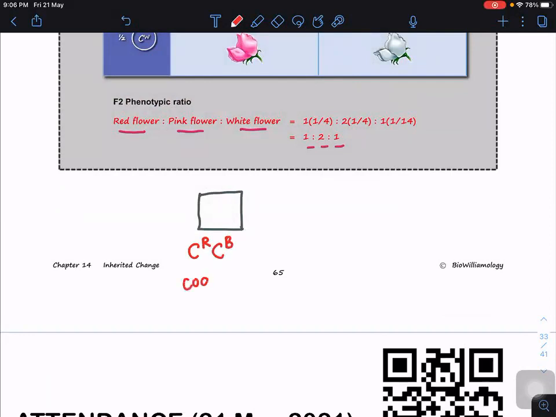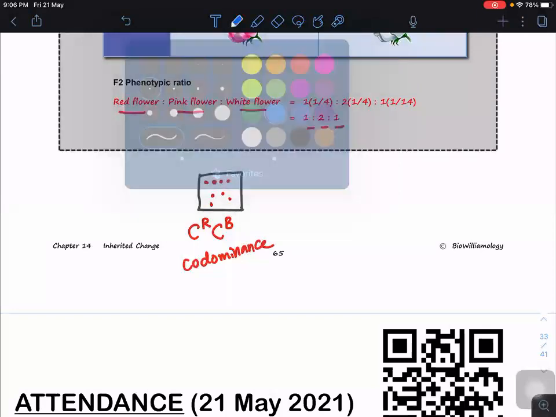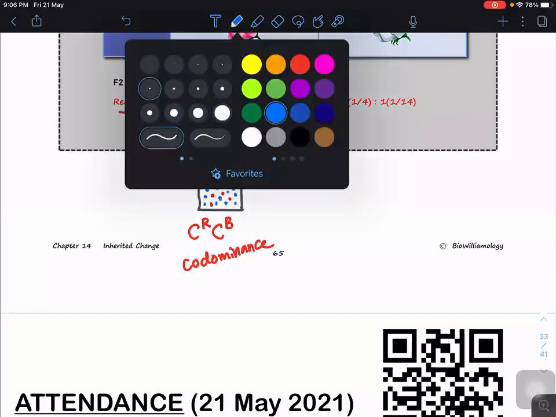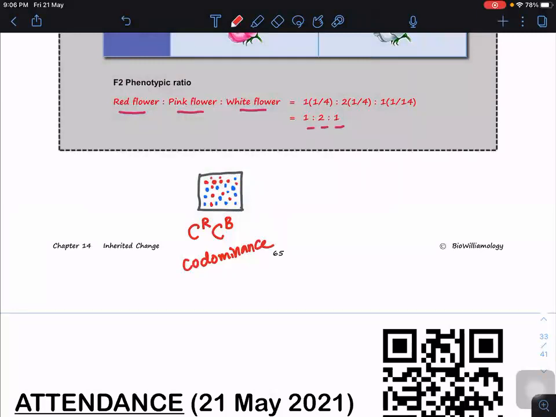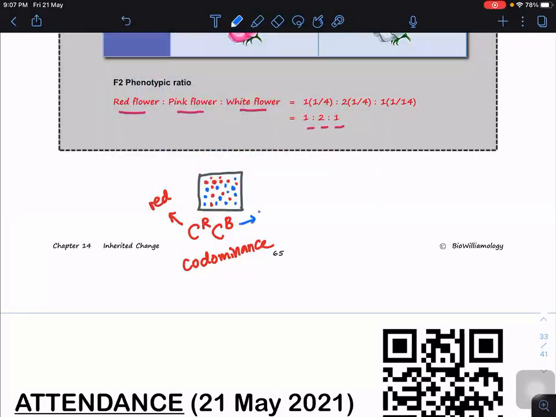If this is co-dominant, and you view the cell under the light microscope, then you will see two kinds of pigment. You can see the red pigment produced and also the blue pigment produced. So co-dominance means that both of them are equally expressed. So you get two pigments, blue and red, because this one codes for the red pigment and this one codes for the blue pigment.